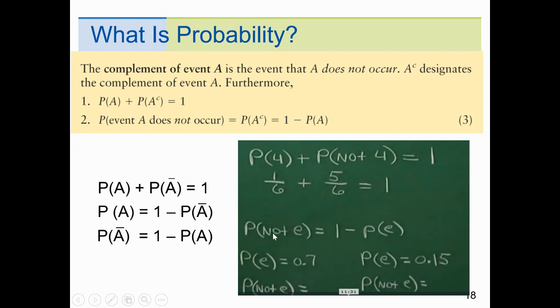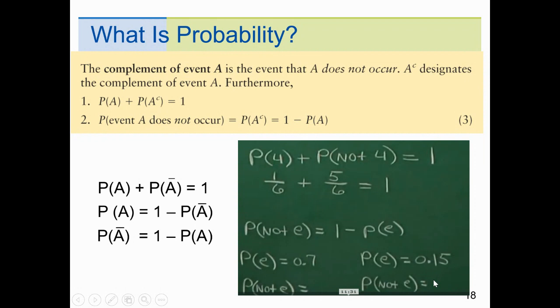If I know the probability of an event A happening is 0.7, the probability that it doesn't happen is 1 minus 0.7, or 0.3. Maybe a little more: if I know the probability of an event E happening is 0.15, the probability that it doesn't happen is 1 minus 0.15, or 0.85.